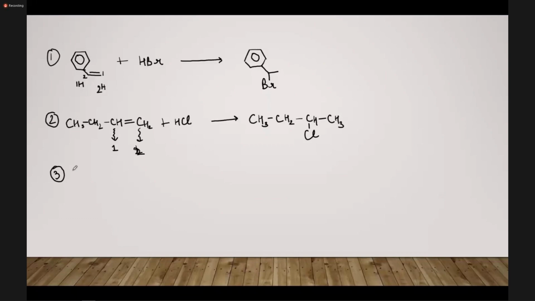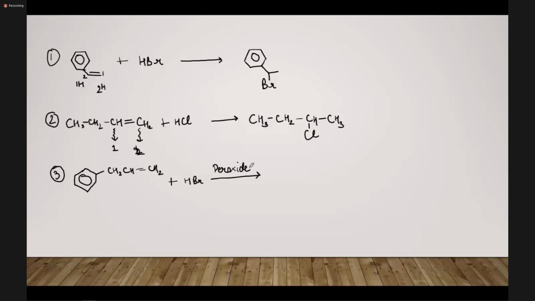Now the next example is a little tricky. This is also an alkene group plus HBr. But here we are doing the reaction in the presence of peroxide. Okay.